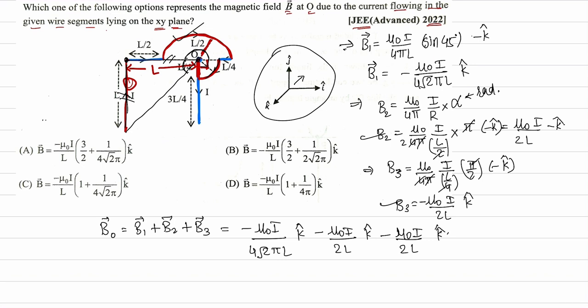Taking mu naught I by L common, the second and third terms add up to 1, and the first term gives the common value 1 upon 4 root 2 pi. So the value is minus mu naught I by L times 1 plus 1 upon 4 root 2 pi, in k cap.